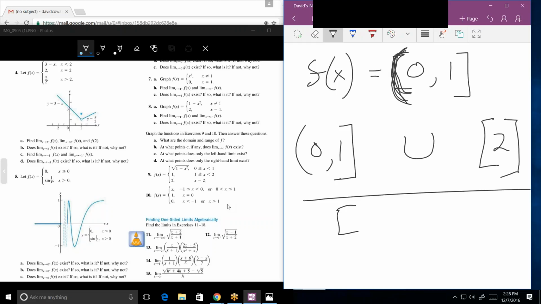So far we're here with the domain through the first two pieces of that piecewise function. And in the third piece, x can be less than 1 and x can be greater than 1. So what's my total domain? Bracket 0. Well, actually negative infinity, because x can be less than minus 1.